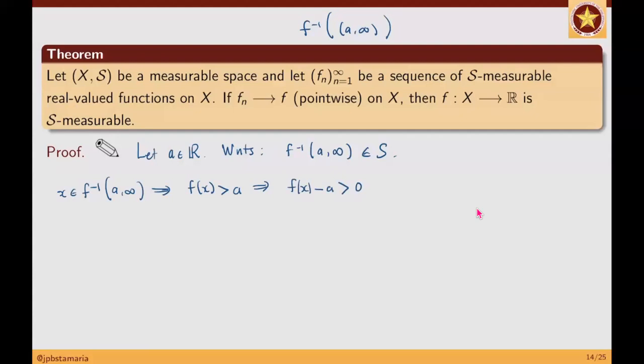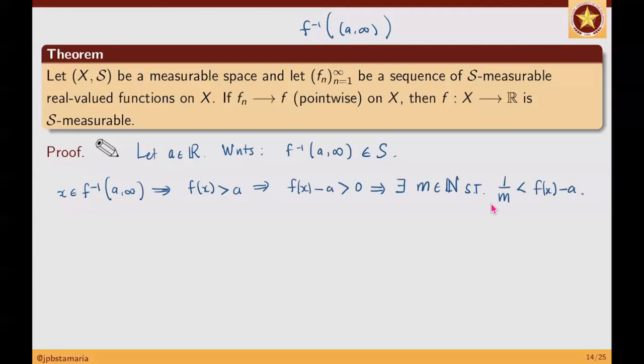By the Archimedean property, there is a natural number m such that 1 over m is less than f of x minus a.